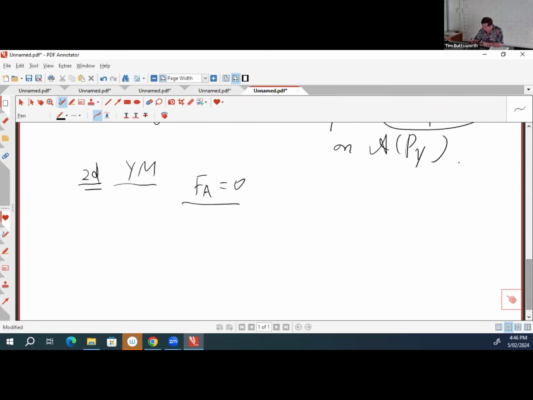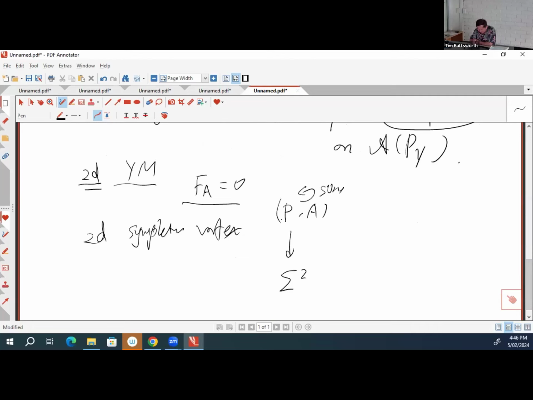So someone asked me about what I'm doing, which is the 2D symplectic vortex. This again is a set of equations on a two-dimensional surface, and you have a principal bundle with a connection, and of course if the connection is flat, then you can do this.